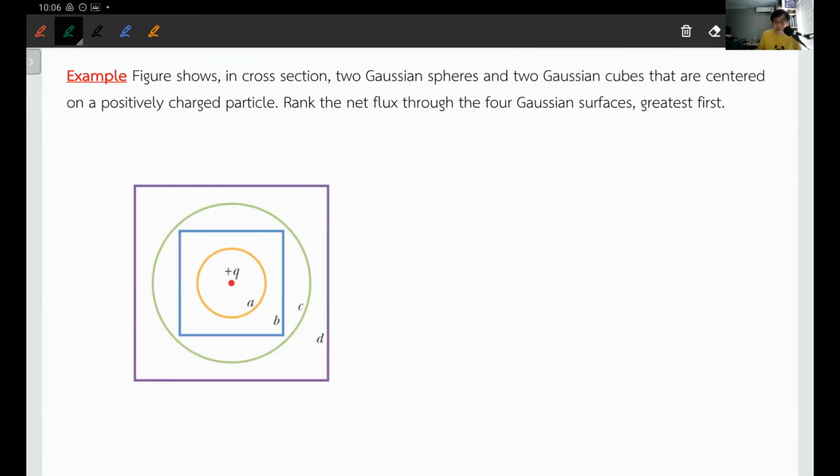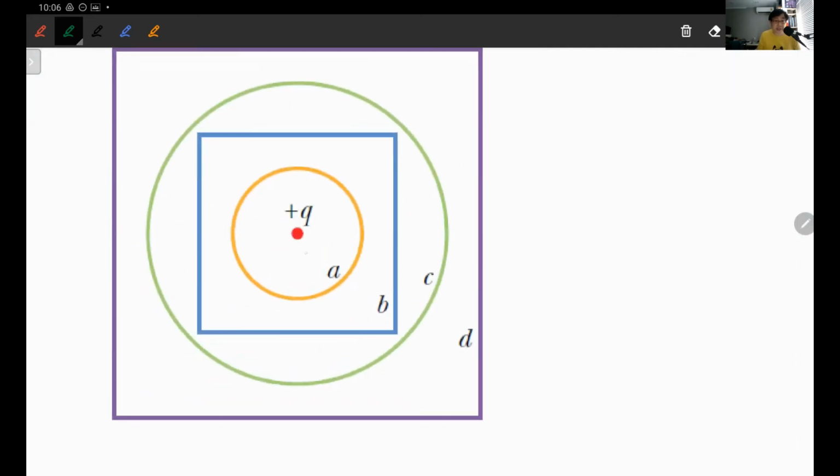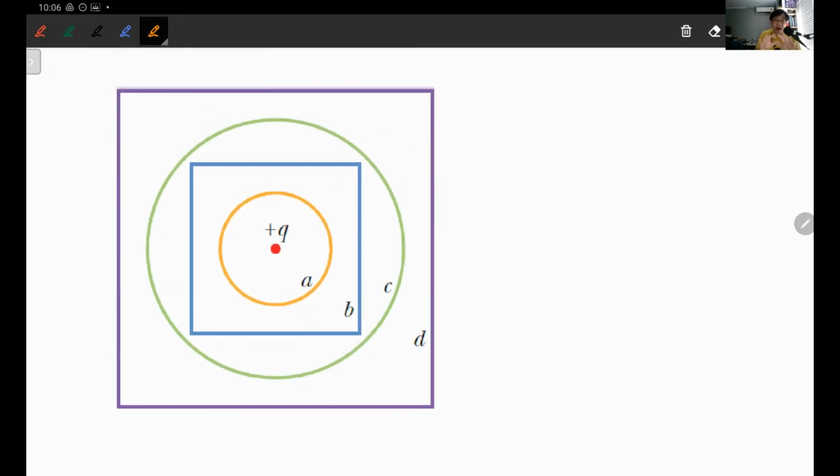But before the break, I will leave you with a very simple qualitative exercise. The cross sections of two Gaussian spheres and two Gaussian cubes. Don't worry about this Gaussian, we'll come back to that. But the idea is, if you have a charged cube at the center of some surfaces, over here you have a sphere wrapped around it, a cube wrapped around it, various sizes.